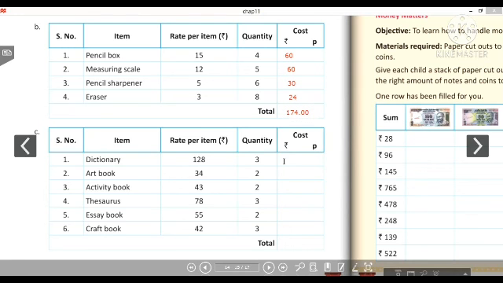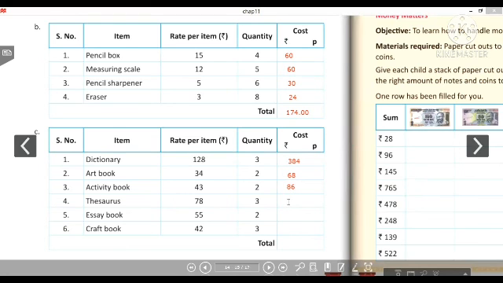Okay. Now next one, dictionary book. So 128 multiplied by 3 is equal to rupees 384. Art book, 34 multiplied by 2 is equal to 68. Activity book, 43 multiplied by 2 is equal to 86.